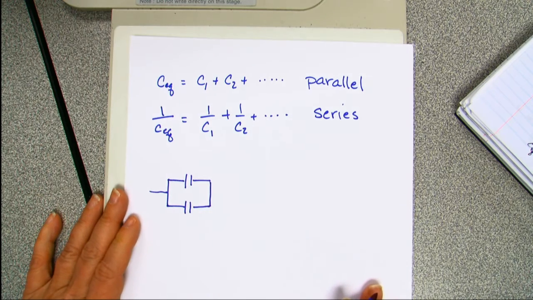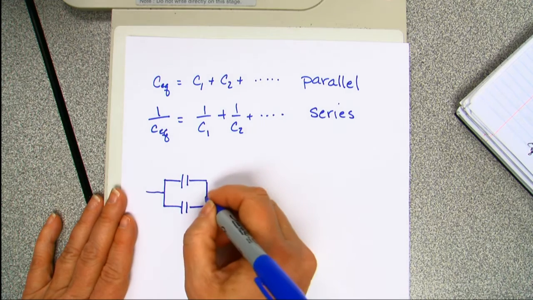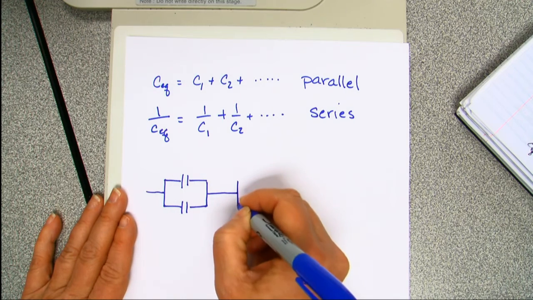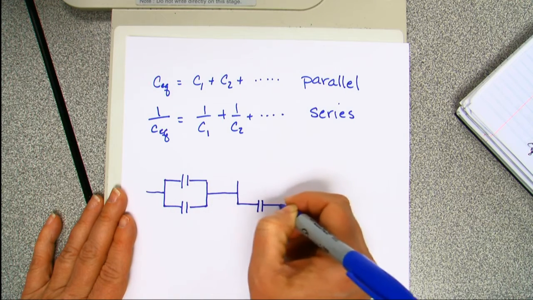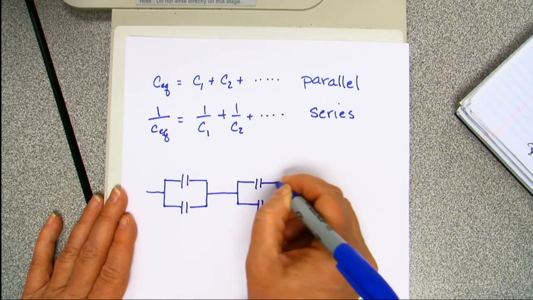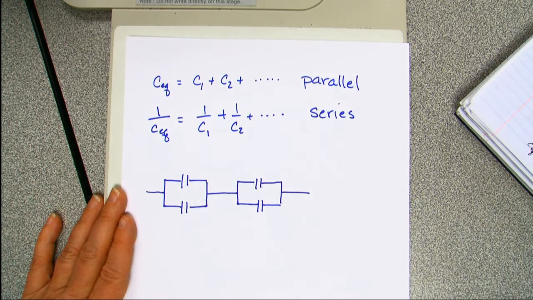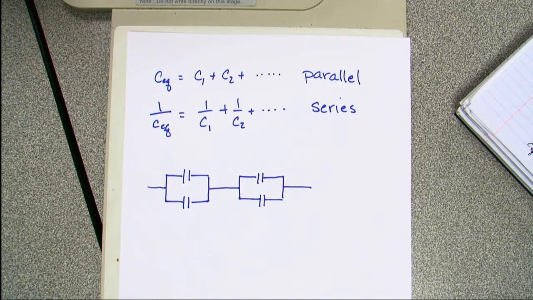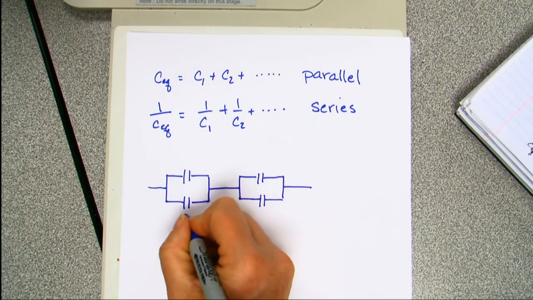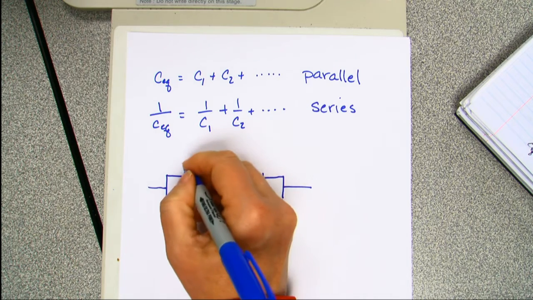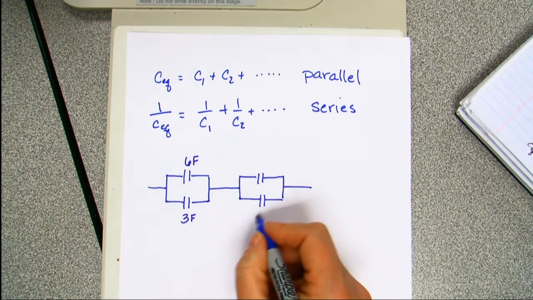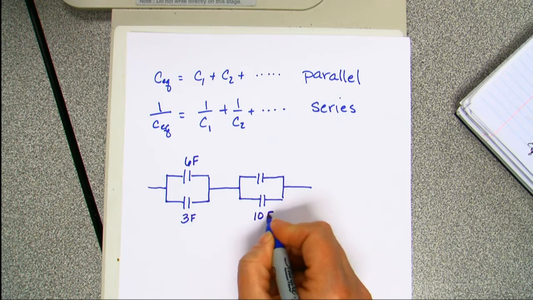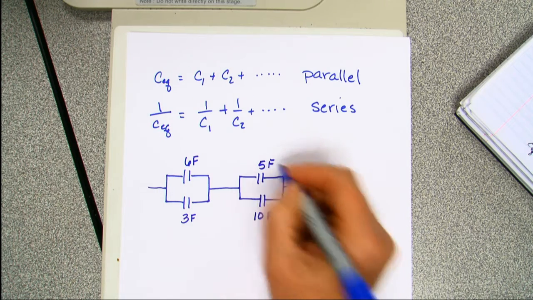These are all going to be in farads, and I'm making these numbers up right now just so you can see this, because this is where I think people were asking me the question over email. So I'm going to say that this is 3 farads, this is 6 farads, this is 10 farads, and this is 5 farads.